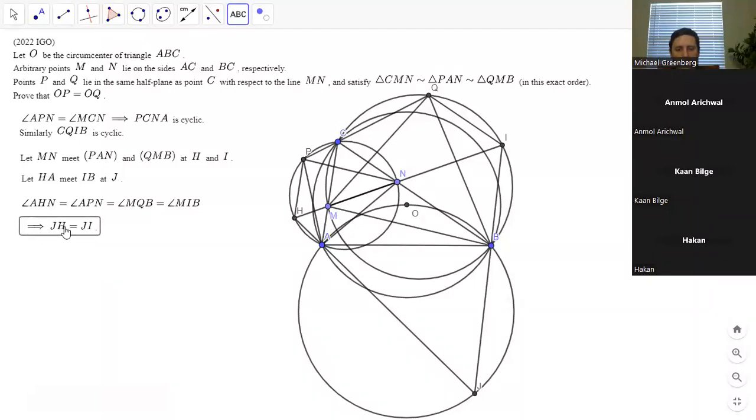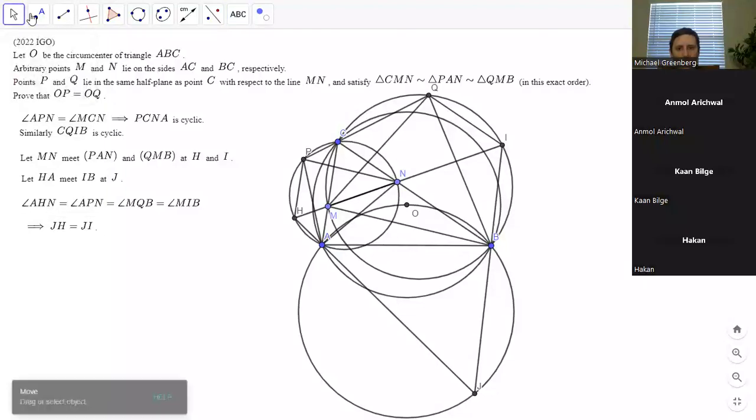Okay. Next, we are going to show that this is cyclic. And once we know that's true, then, okay. So first I'm going to show this is an isosceles trapezoid. It's because these are orthogonal, right?